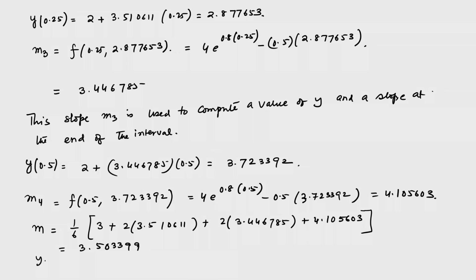So, using the fourth order method, I get the solution at the end of this interval as 2 plus, that is y at x equal to 0, which is the value 2 that is given, 3.503399 multiplied by 0.5, and this becomes equal to 3.751699 and so on. Okay.